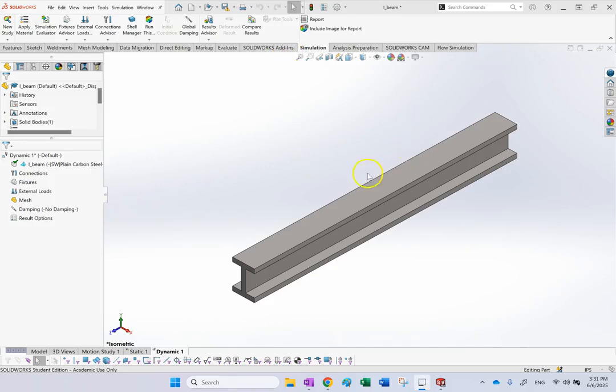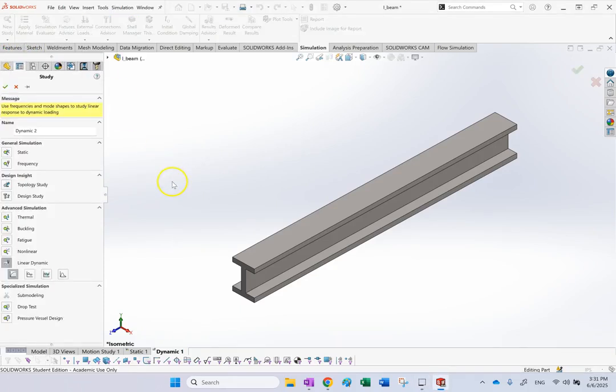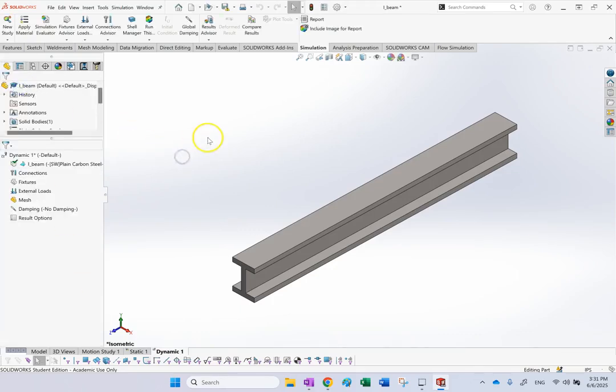This is SolidWorks. This is an I-beam, and I started a linear dynamics study. So when you go to studies, one of your studies is linear dynamics, so you can see the effect of different types of forces on the system. And when you go there, one of the items you have in the FEA is this one called damping.